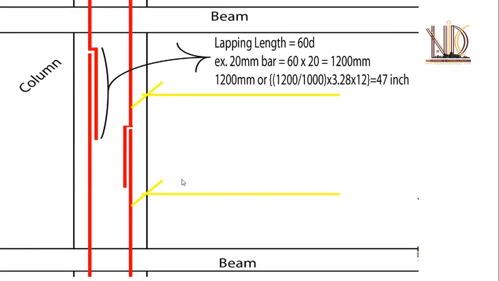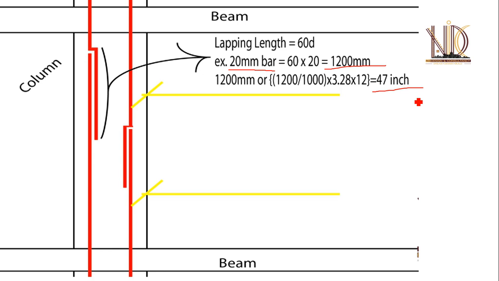D means the diameter of the deformed bar. Suppose we are using a 20 mm diameter bar, so 60 into 20 is 1200 mm. So it is 47 inch lapping length.